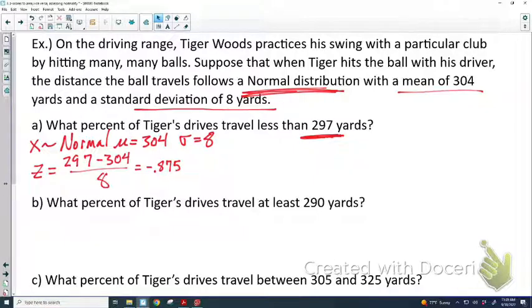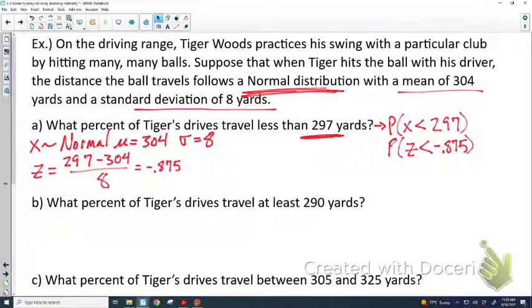This question right here is asking how many drives are smaller than 297. Well, I have no idea, because hypothetically, what percent of the time could he hit smaller than that? Well, if it follows the normal curve, now we know all we need to look up is the number of z's smaller than negative 0.875.